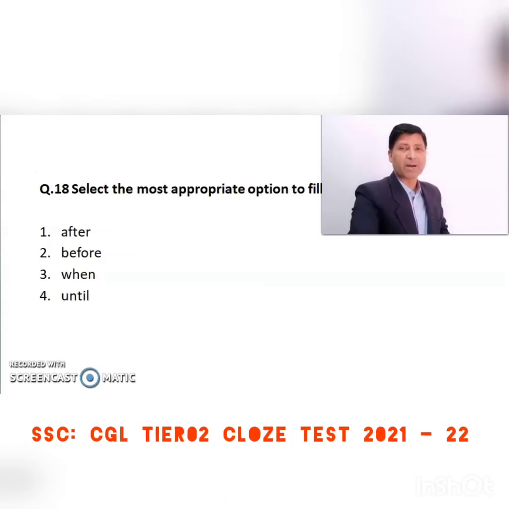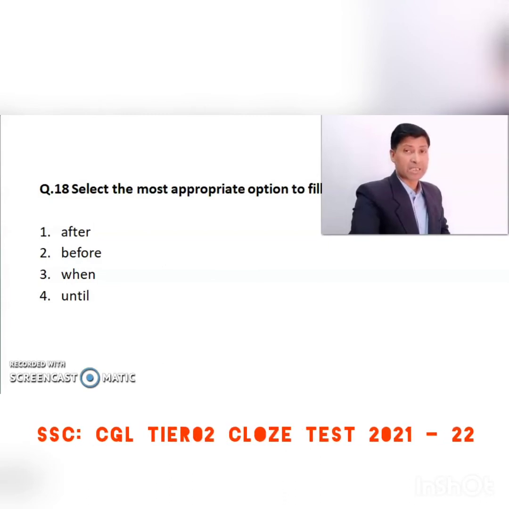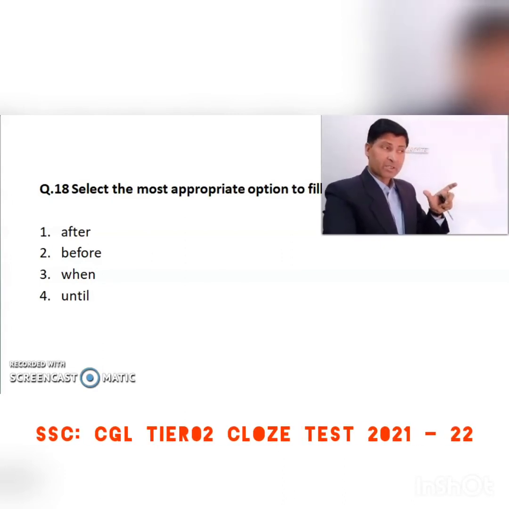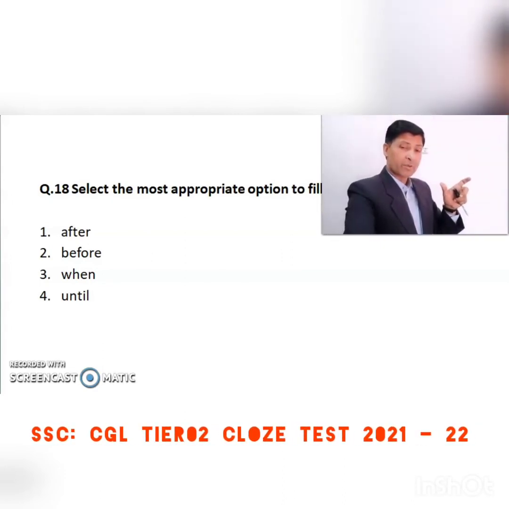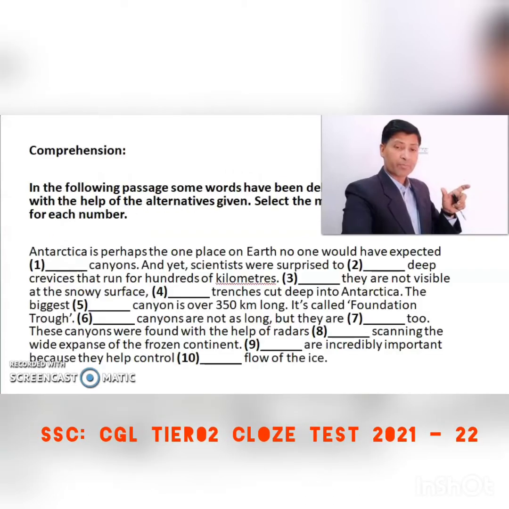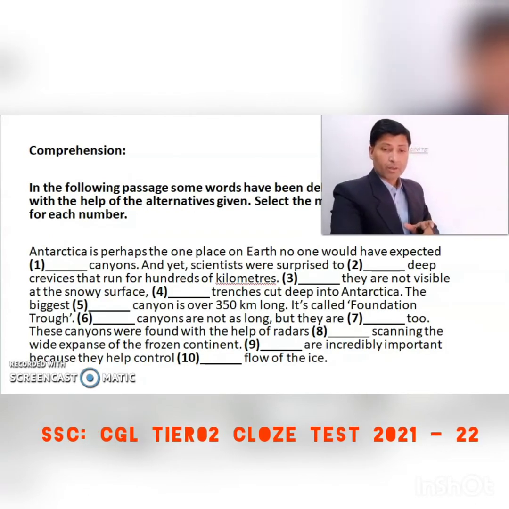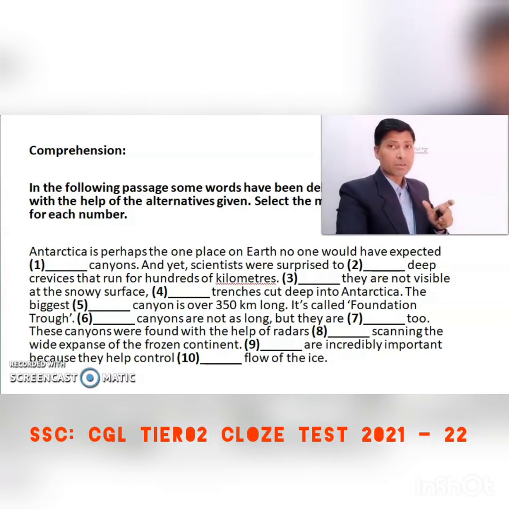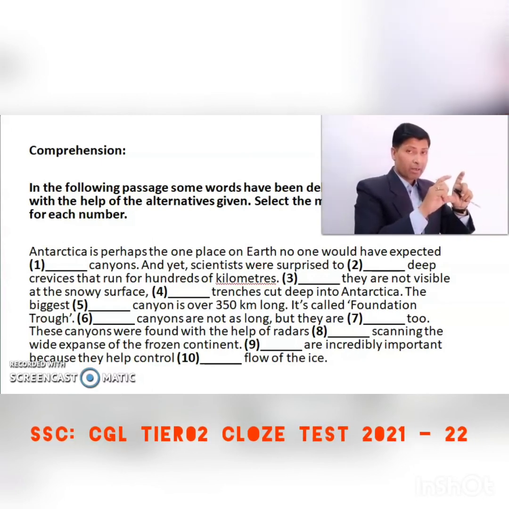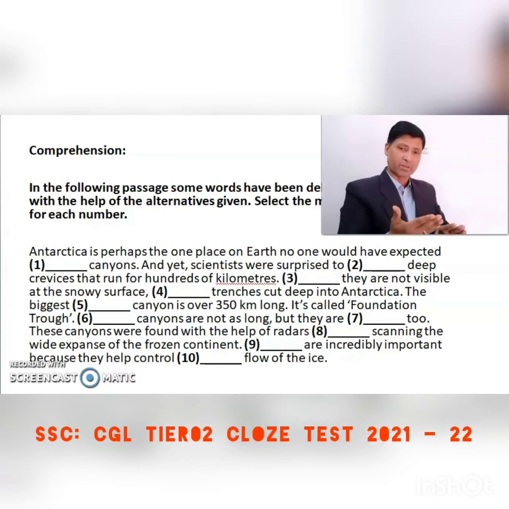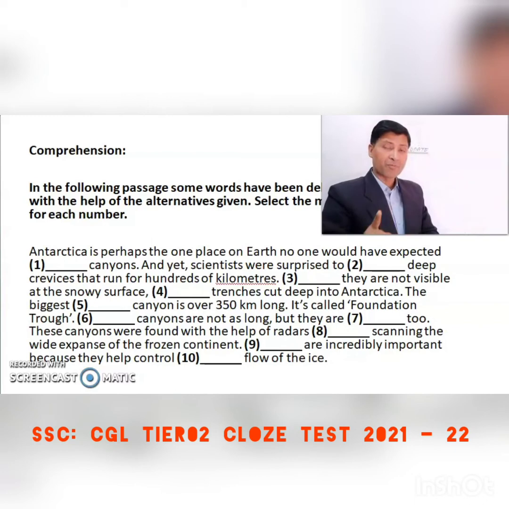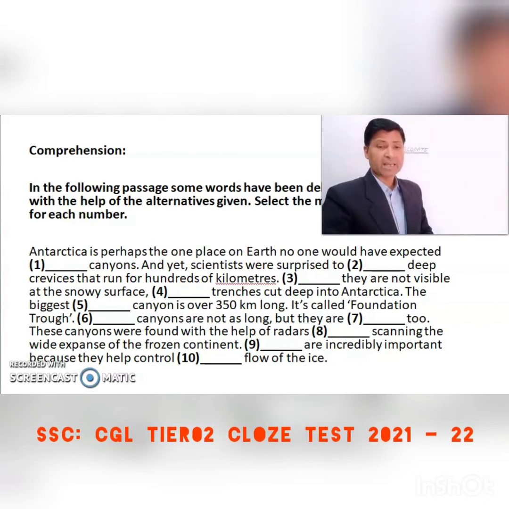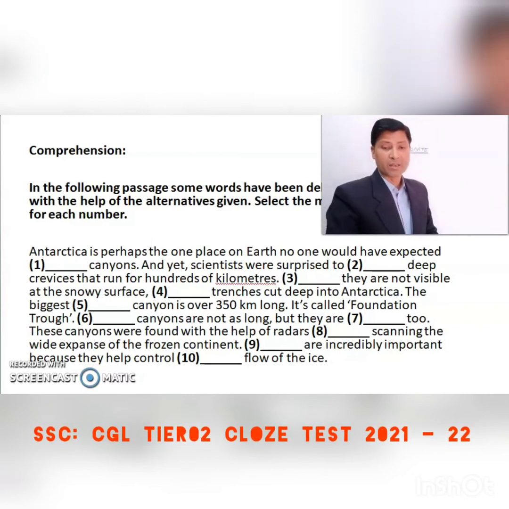The correct answer will be after, because it is functioning as a preposition, and the previous part of the sentence says that radar has been used. If you are using the radar, that means after the work is completed. Hence it should be after, not before. So after scanning the wide expanse of the frozen continent.